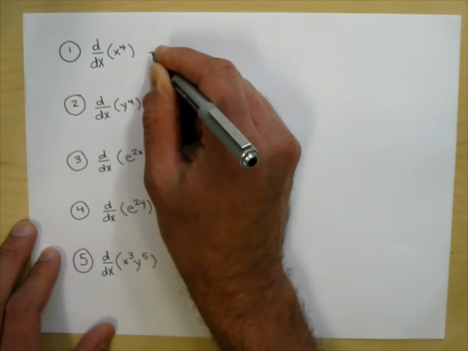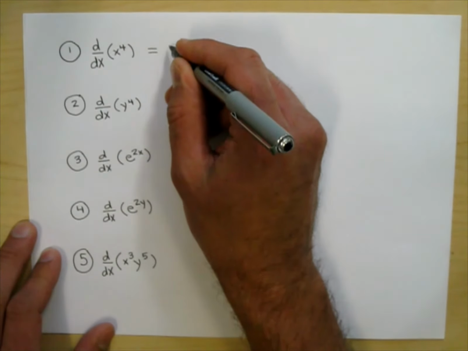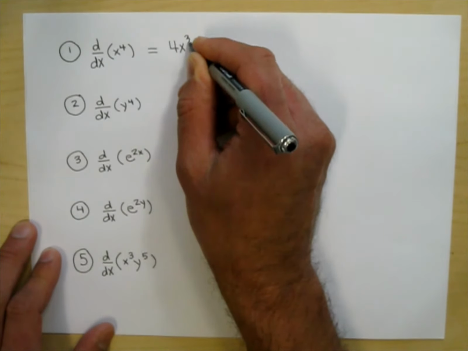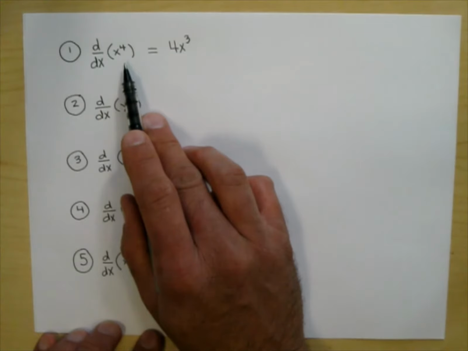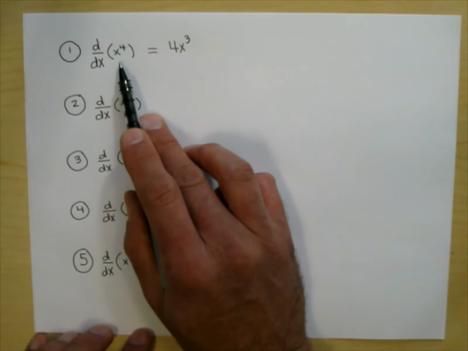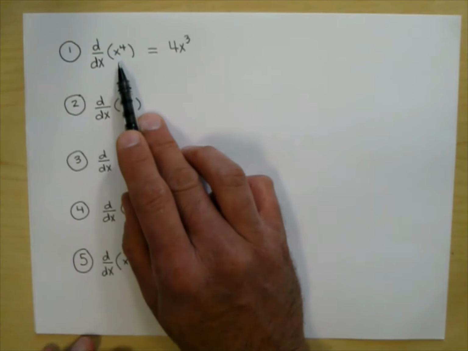So we know that this is 4x cubed. Okay, now I'm going to tell you something that's going to upset you. When we've been taking derivatives of just stuff like this, polynomials, we were actually doing the chain rule.